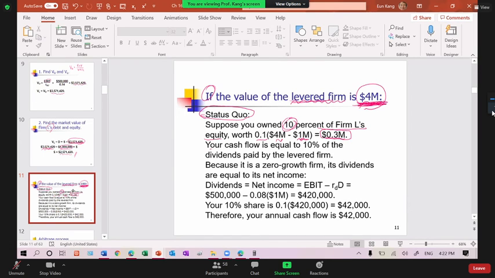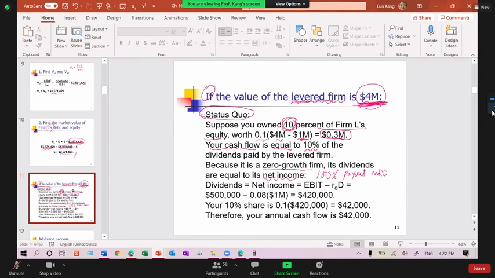Then your cash flow is equal to 10% of the dividend paid by the levered firm, because you own 10% of the company. Because it is a zero growth firm, its dividends are equal to its net income, a 100% payout ratio.